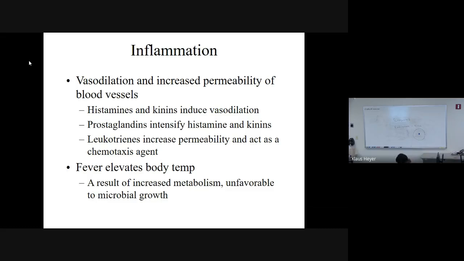Yes. So you want to be able to move things out of the blood vessels and into the interstitial fluid. You want to be able to do that better. And you want the blood to get around better too, so you dilate your blood vessels in that particular area.